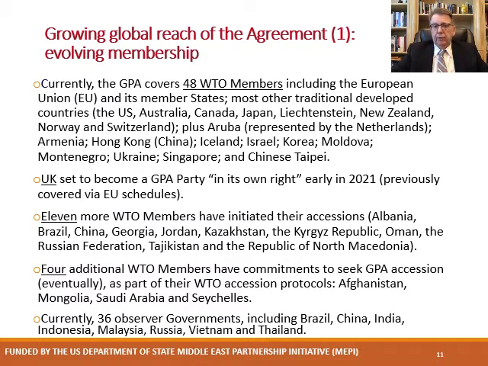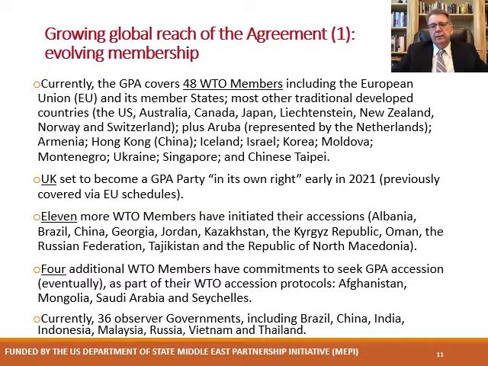But already we have a number of countries that came in more recently and represent different parts of the world. Those include Aruba, Armenia, Hong Kong, Israel, Korea, Moldova, Montenegro, Ukraine, Singapore, and Chinese Taipei.